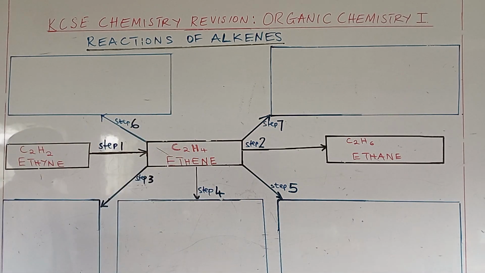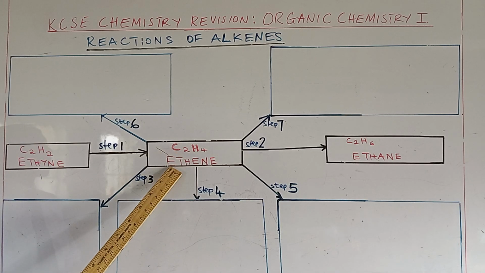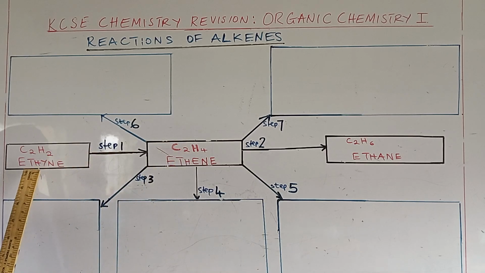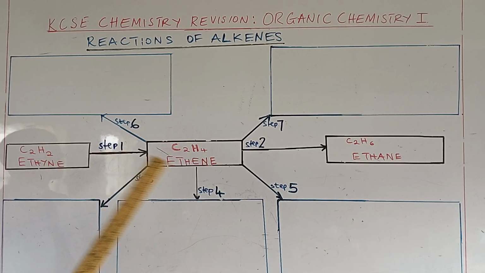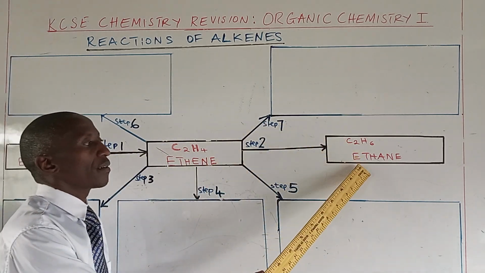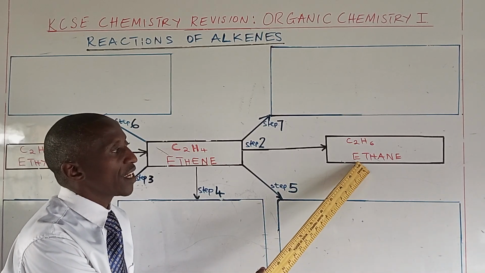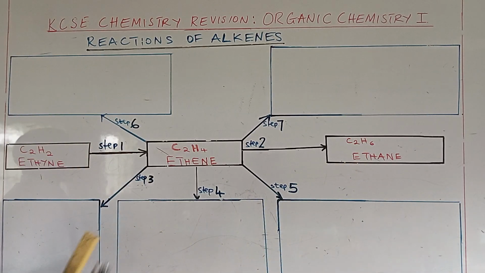We have this flow diagram which shows at the center ethene, and on the sides we have ethane and other products.